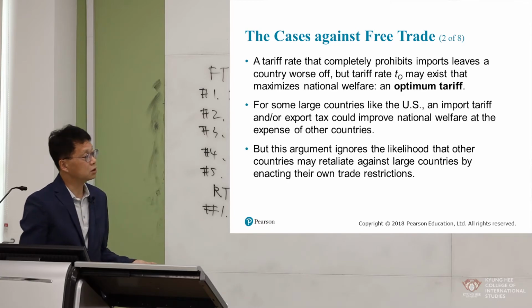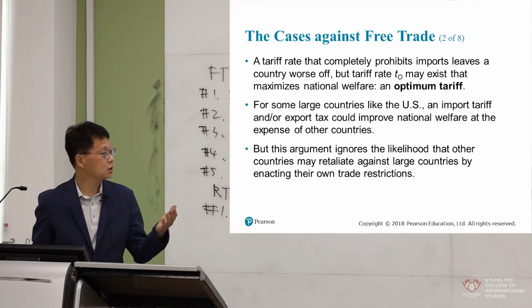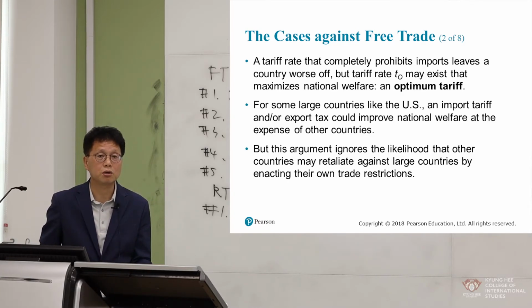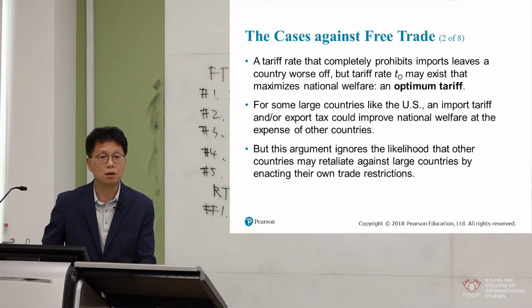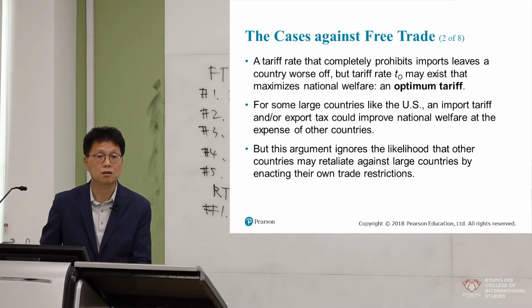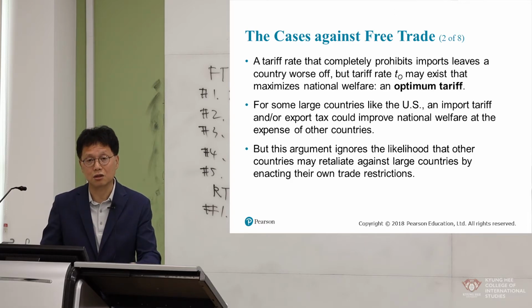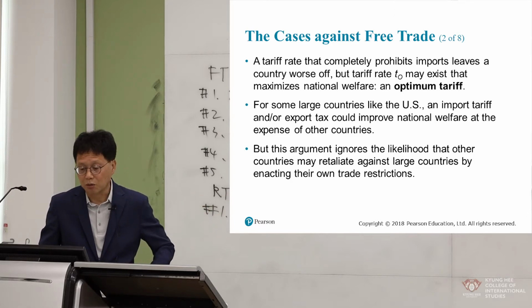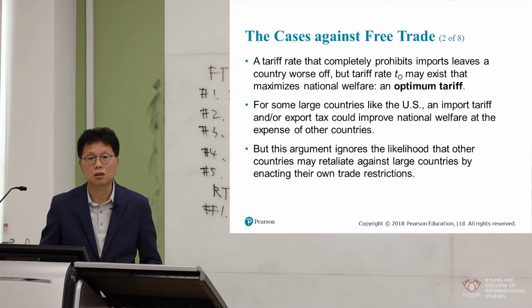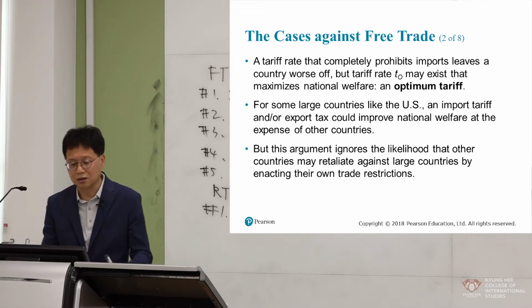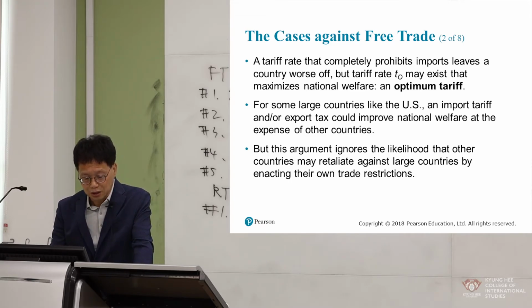In Chapter 9, we studied that the home country imposes a high tariff on imported Q2, agricultural goods. Then partner countries can do the same actions against the home country in the Q1 market, the manufacturing market, right? That is retaliation. So if we consider retaliation, this kind of optimum tariff story lacks some feasibility. Okay?